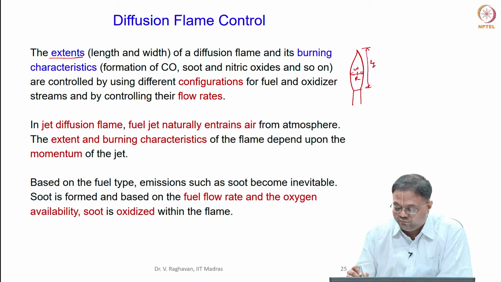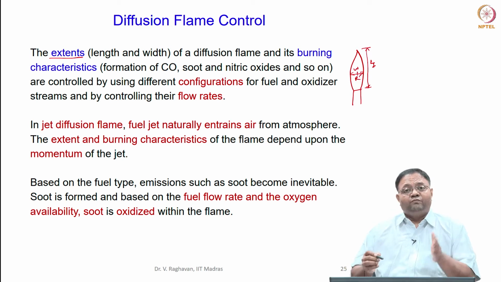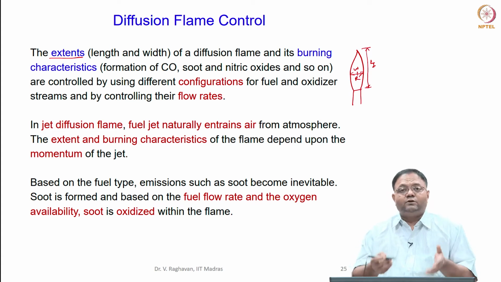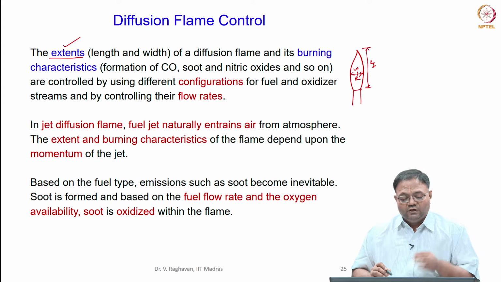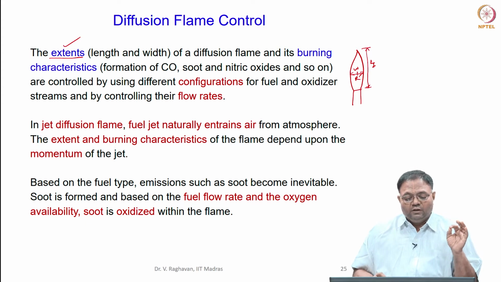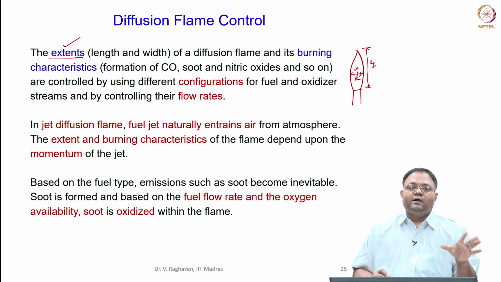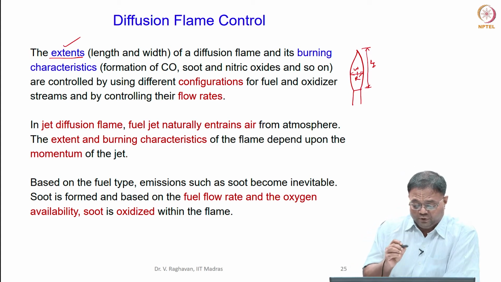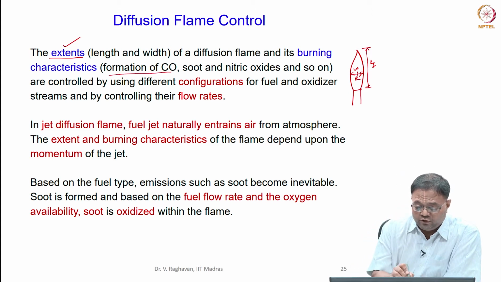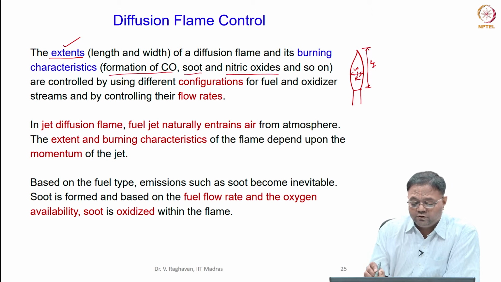These are called extents, and the extent is one of the burning characteristics. Flame length is one of the important burning characteristics. Then the formation of CO, soot and nitric oxide are also burning characteristics.